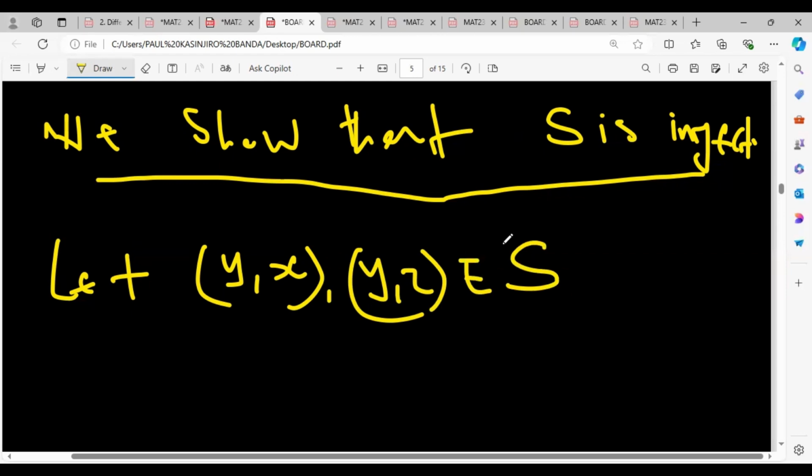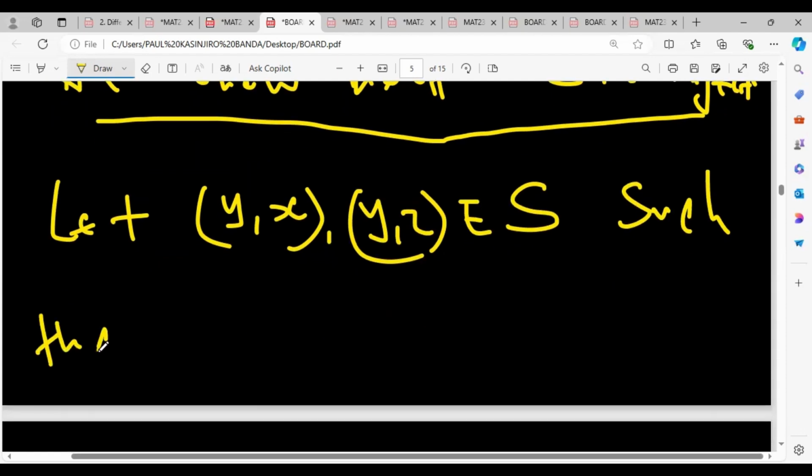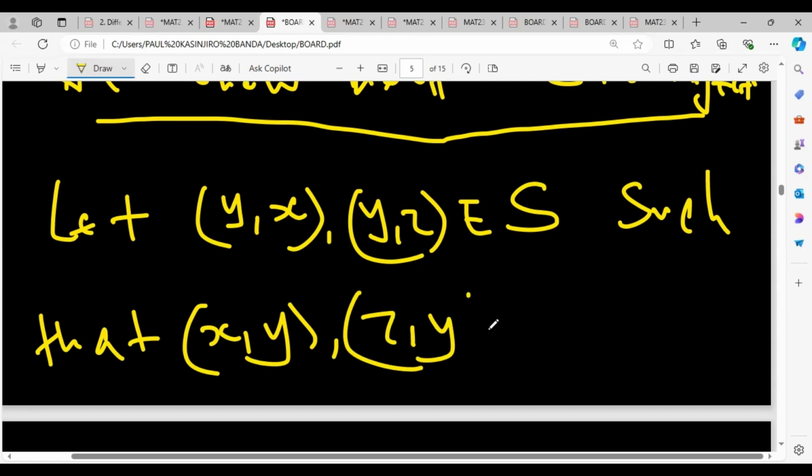Okay, so if (y, x) and (y, z) are members of S, then it means that (x, y) and (z, y) are members of R. So this is what I have there. And then also let, so you let in both directions.